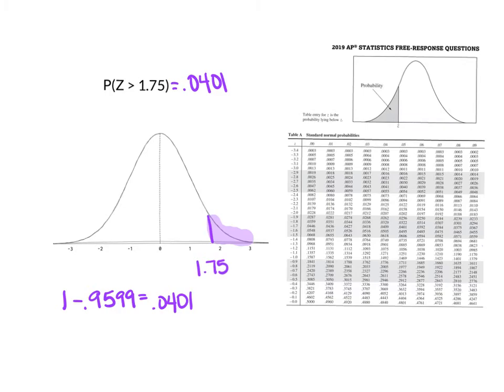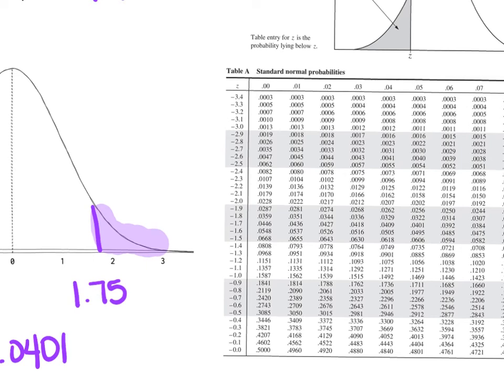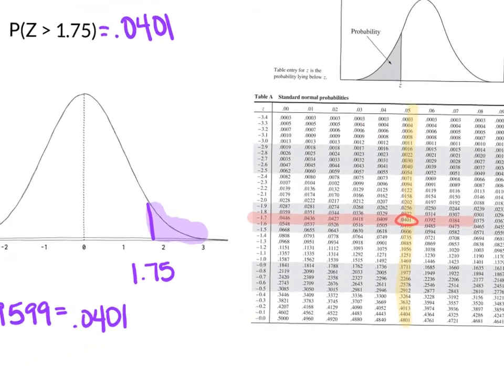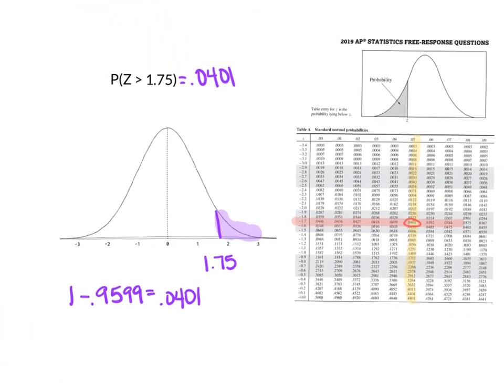If you look at negative 1.75, which is going to be here, notice that the value there is 0.0401. That's because the symmetry of the curve allows you to look at both sides.